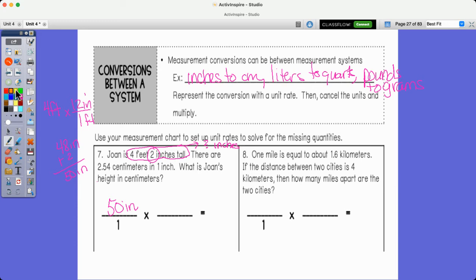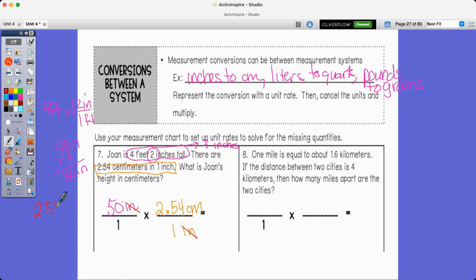Now I can come back in here and I can look and it says there are 2.54 centimeters in 1 inch. I want centimeters, so they go on top, per 1 inch. We're going to cancel out the units that simplify, and I am left with centimeters, so we're good so far.